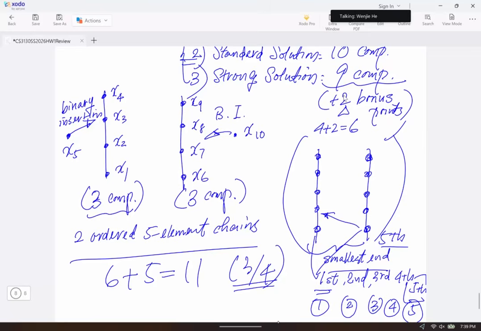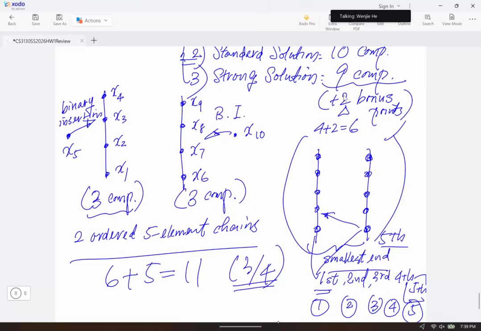But to get a standard solution, you need to do a lot of work. At this point, actually, I do not know how to do the standard solution. So in my solution file, I will put some related examples. I'm thinking about that, trying to figure out the standard solution.